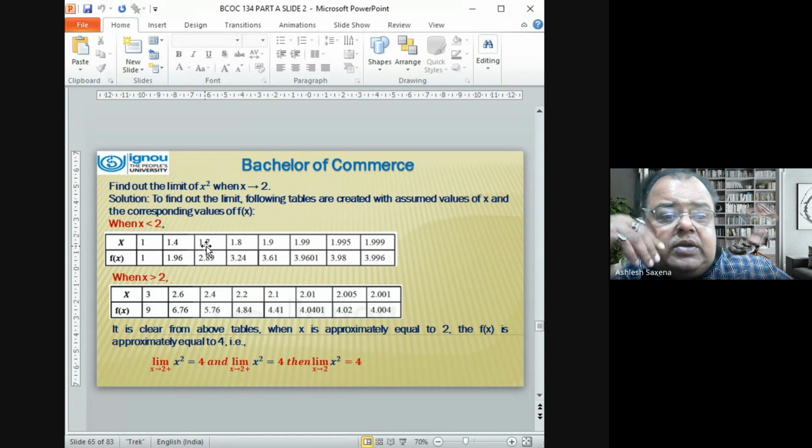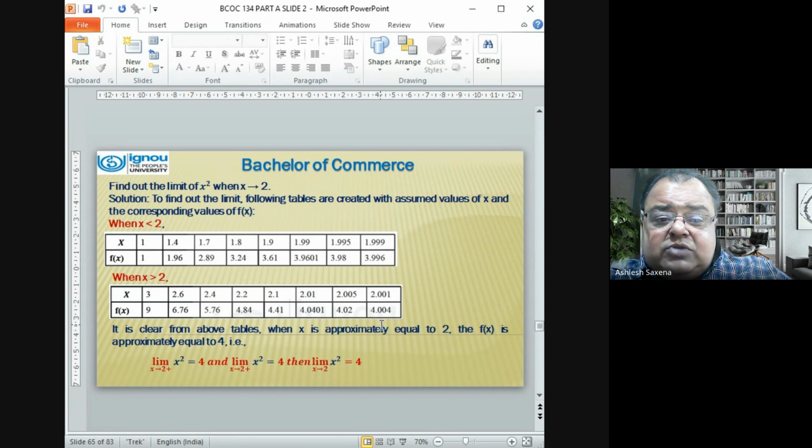2.6, 2.4, 2.2, 2.1, 2.01, 2.005, 2.001. As you can see, it is reducing. The value at 2.001 is 4.004 and at 1.99 it is 3.996.